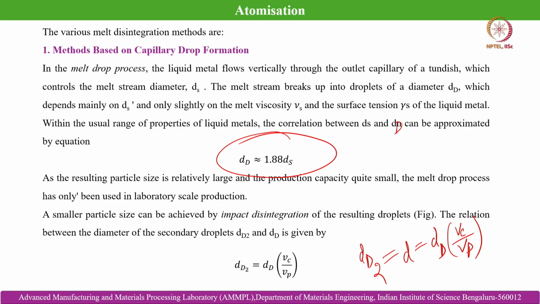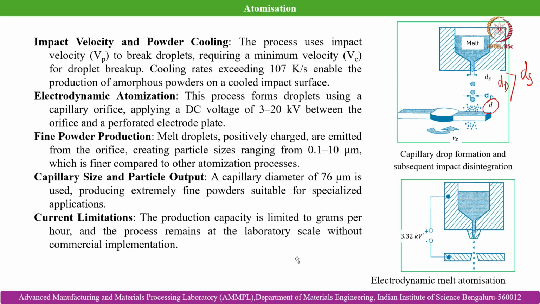The relation between the diameter of the secondary and primary droplet is given by this, where Vc is the minimum velocity needed for droplet breakup, and Vp is the impact velocity to break droplets. Cooling rates exceeding 10^7 Kelvin per second enable the production of amorphous powders on a cooled impact surface. So we can achieve amorphous powders in the case of the capillary drop technique.